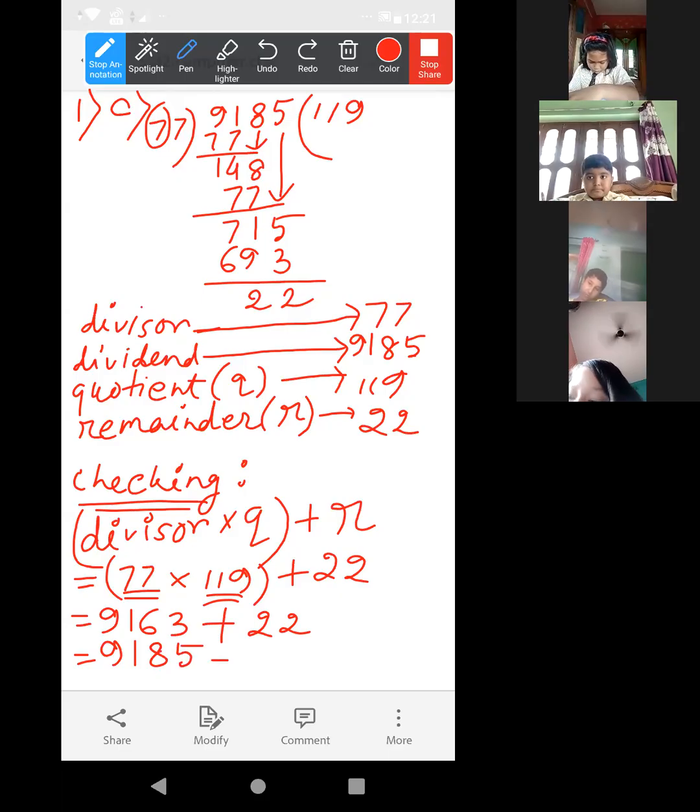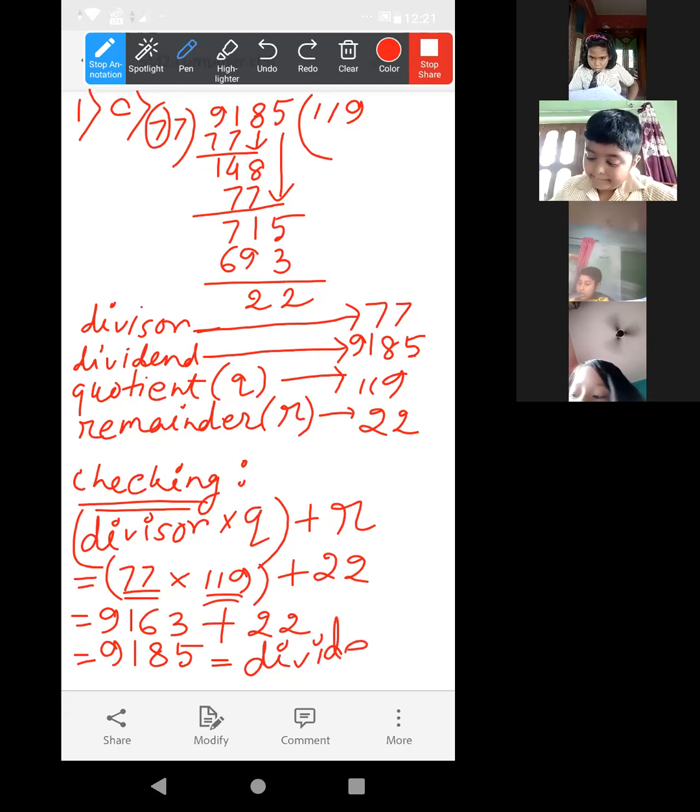So this one is equal to the dividend. Hence, the answer is correct.